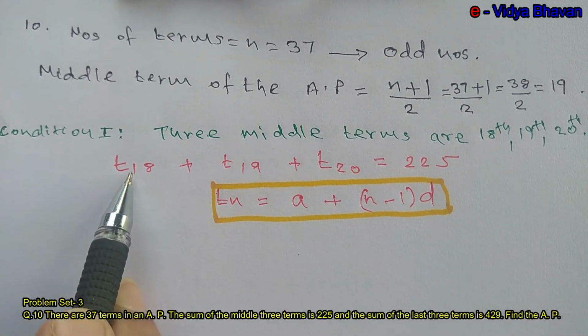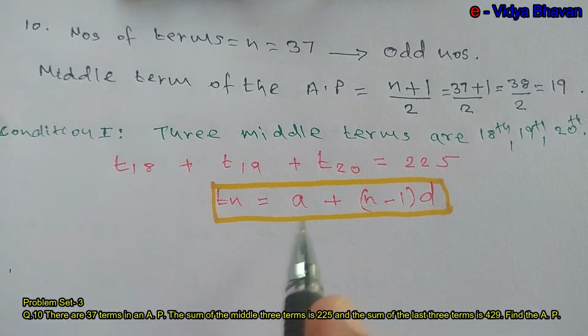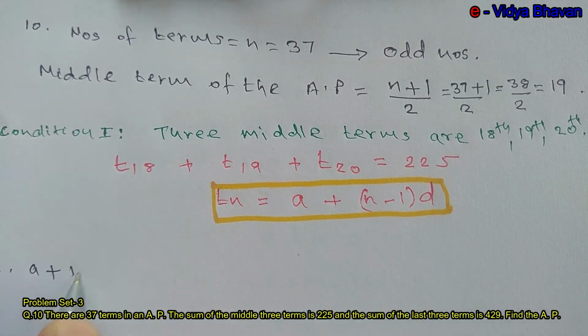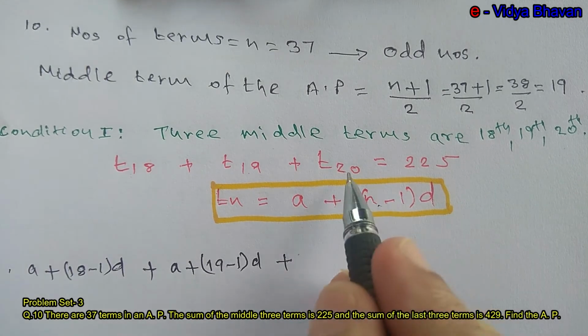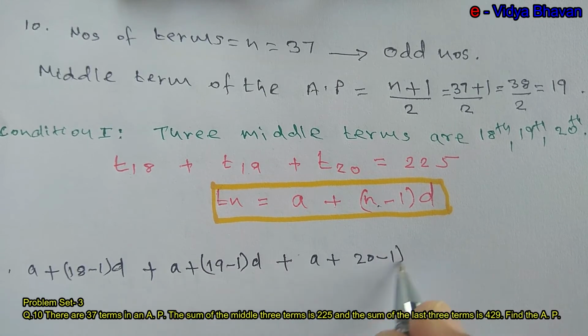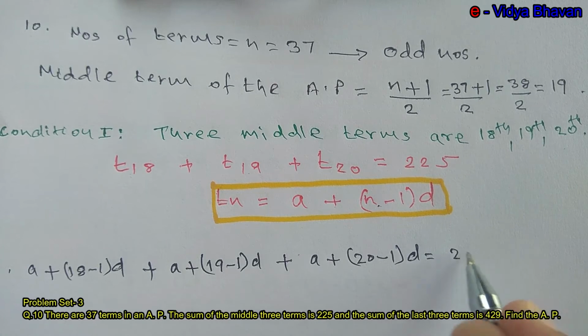First we substitute the value for T18: a plus (18 minus 1)d, plus a plus (19 minus 1)d, plus a plus (20 minus 1)d, is equal to 225.